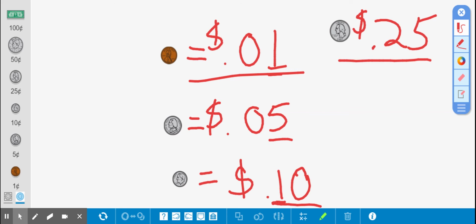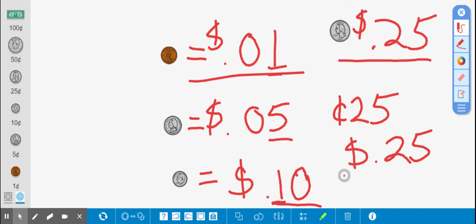And finally, the quarter would be 25 cents, or mathematically 25 hundredths. So from this point on, let's begin saying that a quarter looks like this: a dollar sign, a decimal point, and 25.